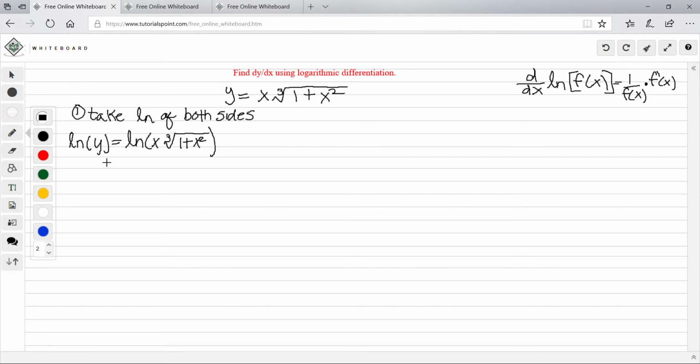Then let me simplify, so let's break this into two. So this is ln of x times ln of this whole thing, cubed 1 plus x squared.